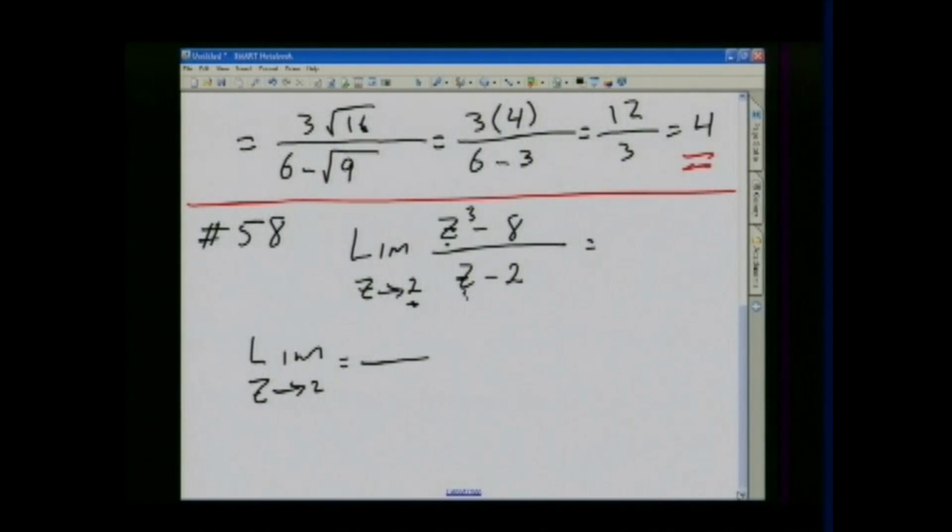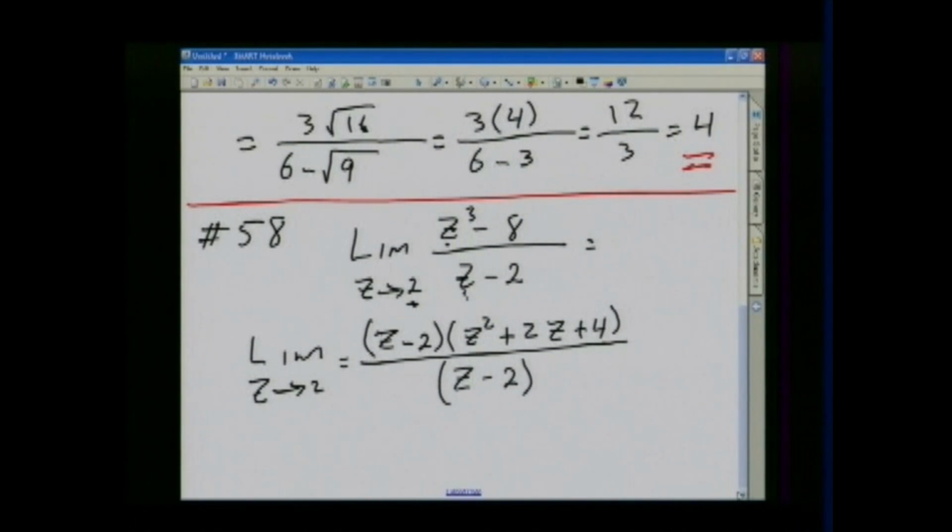The numerator, z cubed minus 8, can be factored as z minus 2 times z squared, if you remember your special product rule, plus 2z plus 4. That's the numerator. And the denominator is z minus 2.